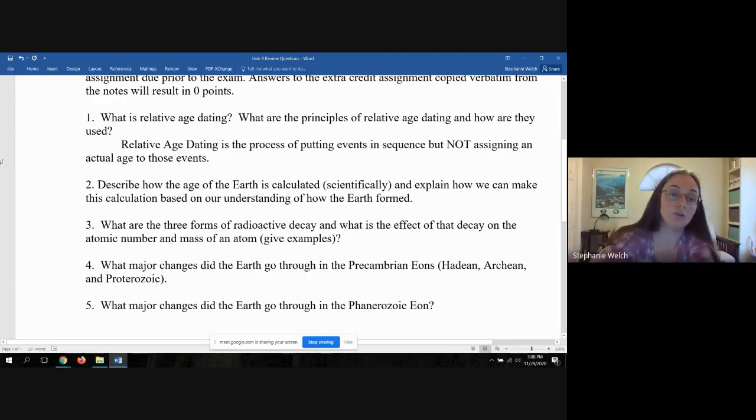So in question 2, when I say describe how the age of the Earth is calculated, we're going to be using absolute age dating techniques, specifically radiometric age dating, in order to understand the true age of the Earth.